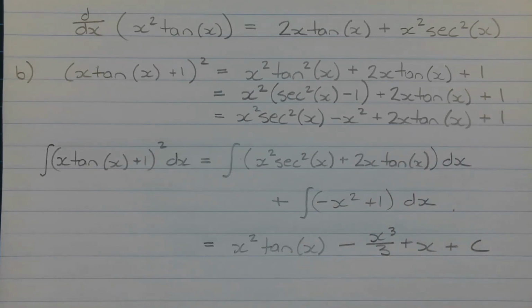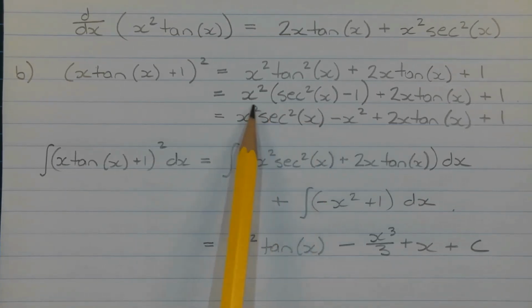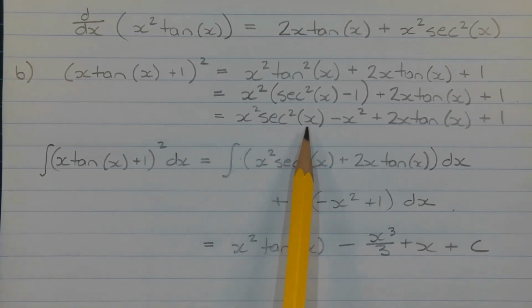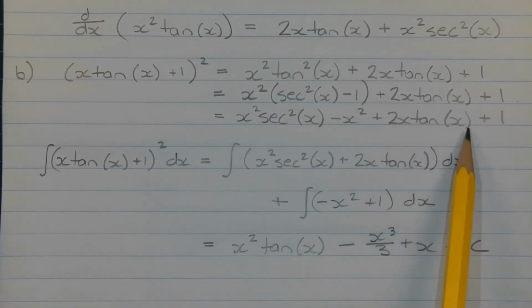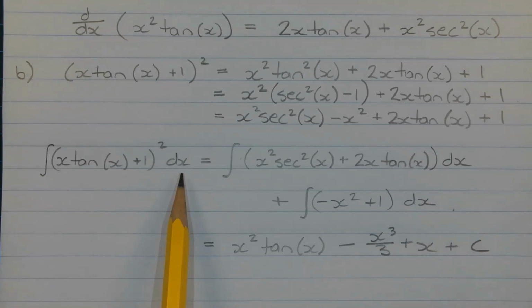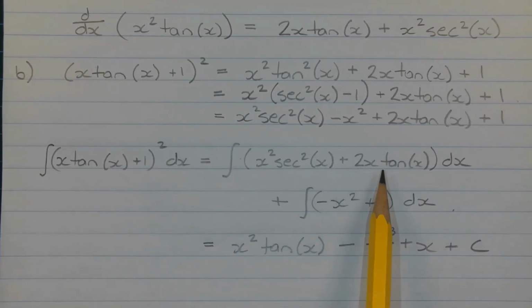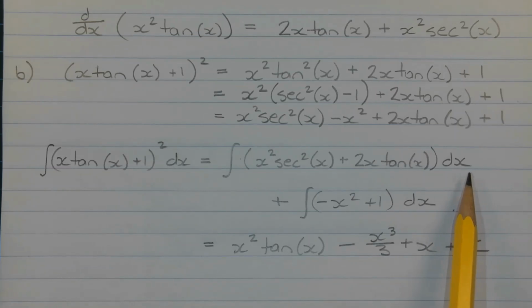So if you recall from part A, when we differentiated x squared tan x, we ended up with a 2x tan x plus x squared sec squared x. And here they are. We have the x squared sec squared x appearing here and the 2x tan x appearing here. So the integral of (x tan x plus 1) squared dx is equal to the integral of x squared sec squared x plus 2x tan x dx.